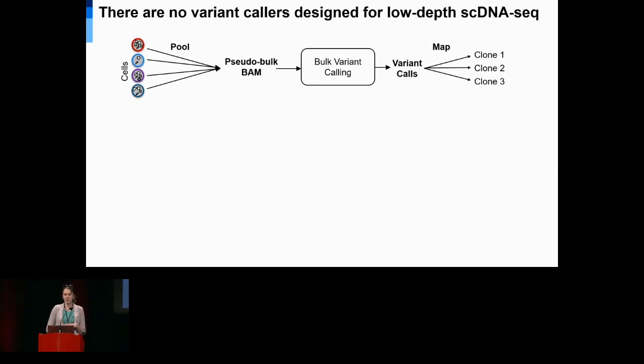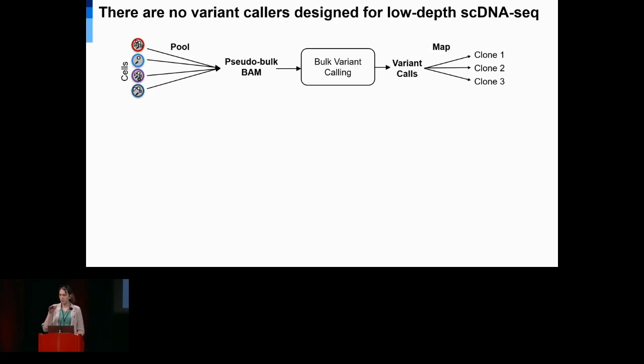Because the challenge is there are really no variant callers designed for low-depth single-cell sequencing data. There are several callers that have been designed for exome or targeted data that really demonstrate that having variant callers that have single-cell specific error models is really beneficial, but nobody's really attempted to do this for very low-depth data, so we typically fall back onto what we've been doing for the past decade or more, and just use standard bulk variant callers.